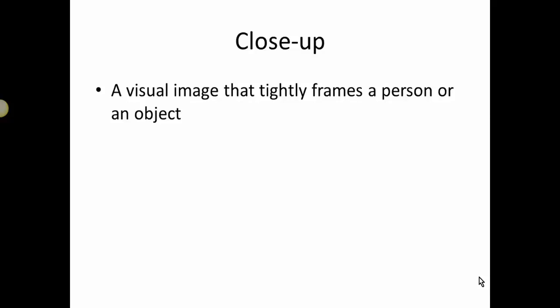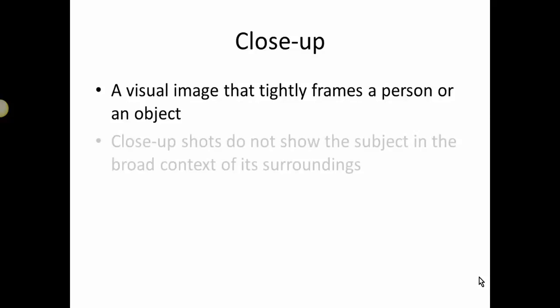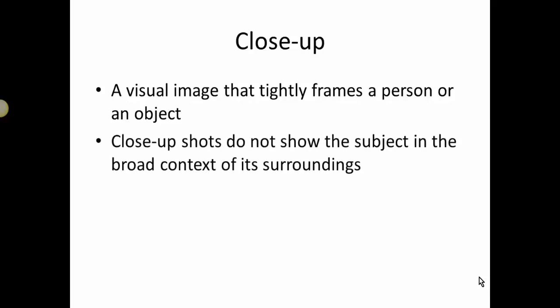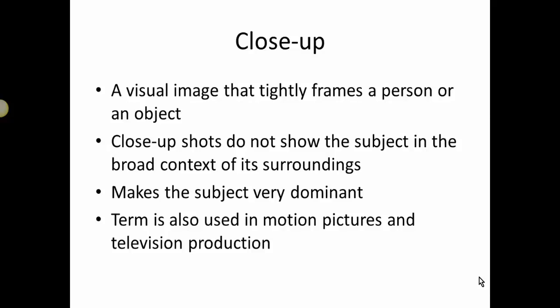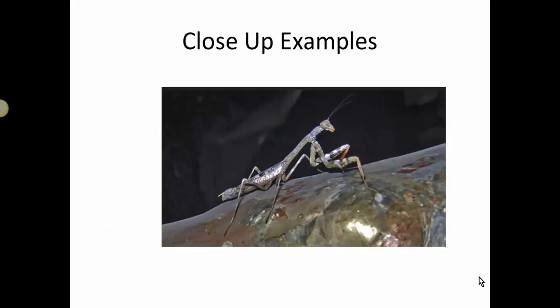That is to say, the person or the object, the subject, is going to be very dominant, and typically you're not seeing a whole lot of the surroundings. This term close-up is also used in motion pictures and television production, so it carries over.